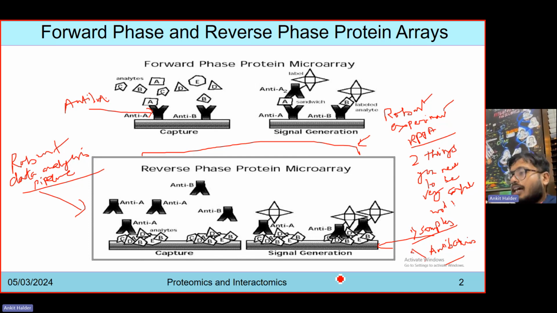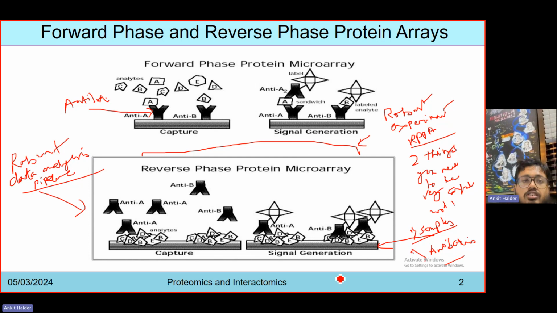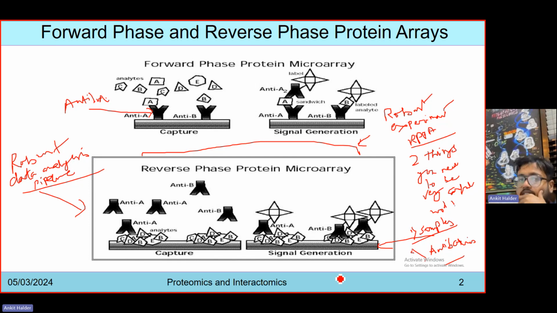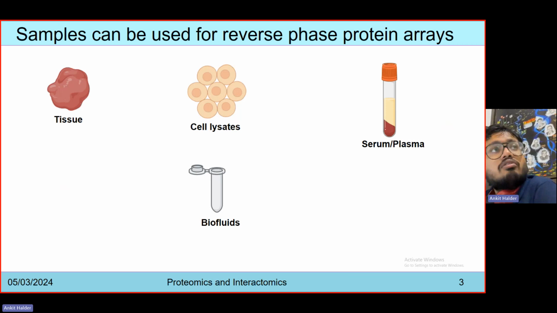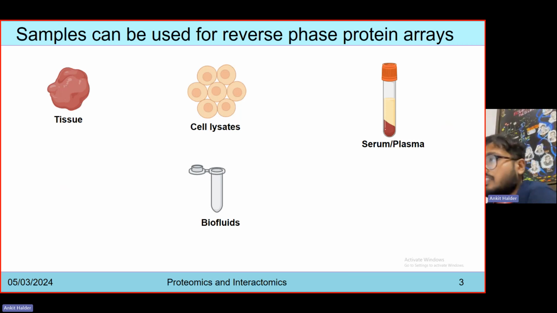Third would be the antibody selection, and then finally the data analysis. So all these things we will see in the subsequent slides to get a better understanding. So what kind of samples can be used for reverse phase protein arrays?